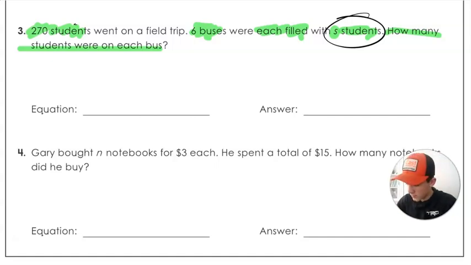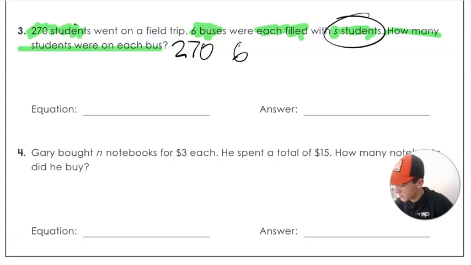So let's write that down. We've got 270 students on 6 buses that were each filled with S amount of students. So if we write it, "each" is the key word for times and divide.